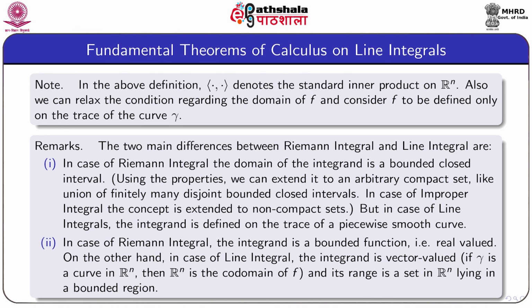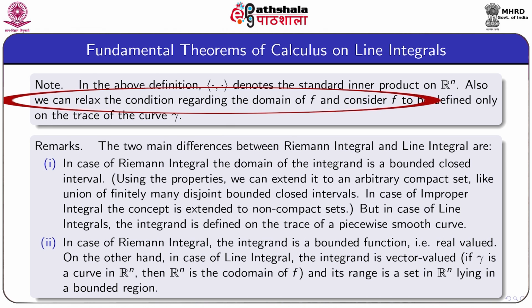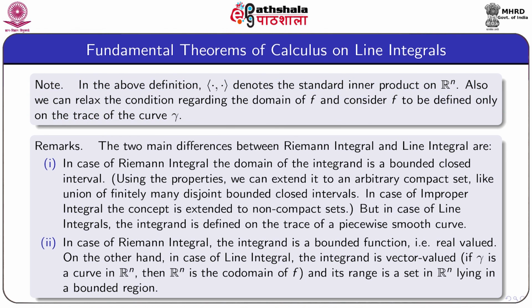We first note that in the above definition, the standard inner product on R^n was denoted by angle brackets as shown here. Also, we can relax the condition regarding the domain of f and consider f to be defined only on the trace of the curve gamma.